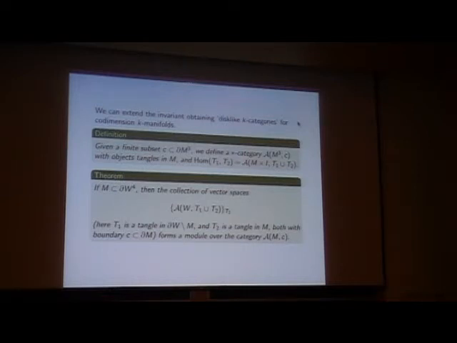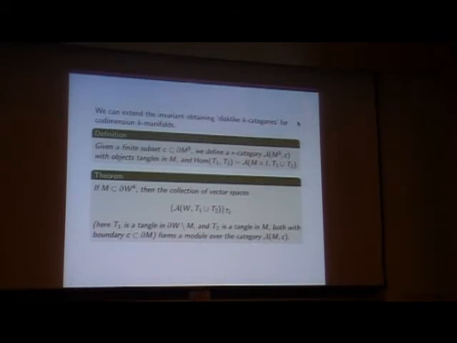So what do we do here? For each tangle in M, sorry, I should say one more thing. Let's fix some tangle in the rest of the boundary of W4. The boundary of W4 consists of M and some other stuff, and there's a fixed tangle in the other stuff. Given a tangle in M, I need to tell you a vector space.